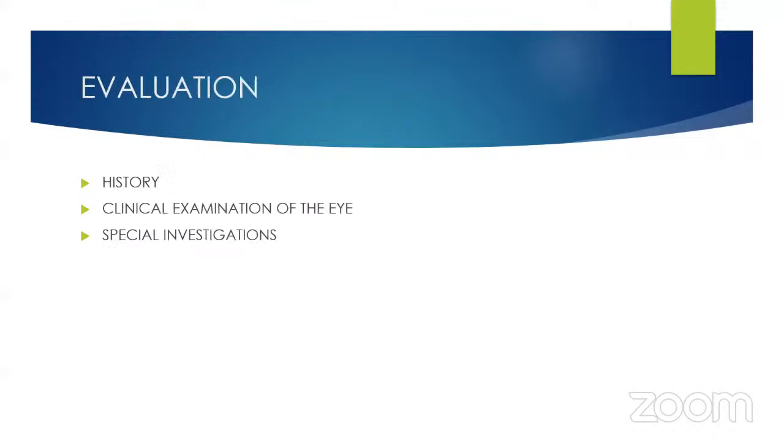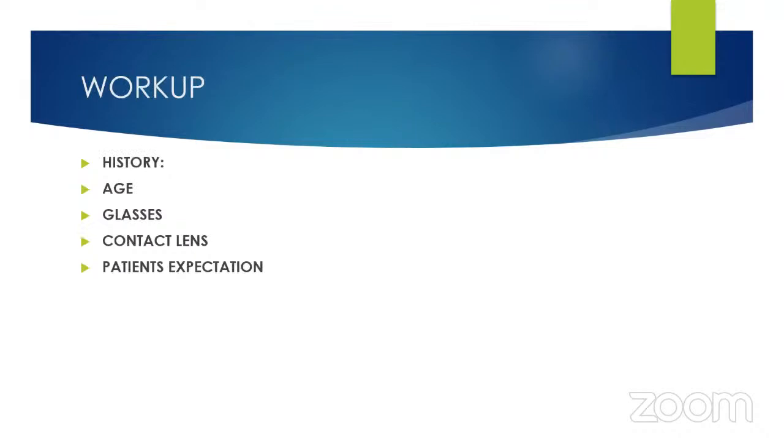In evaluation, history taking, clinical examination of the eye, and investigations are done. Coming to the history taking, age of the patient is important because such surgeries are recommended usually after 21 years of age.